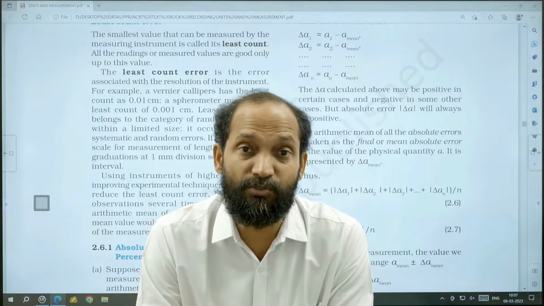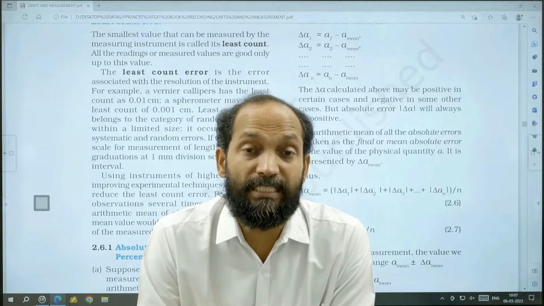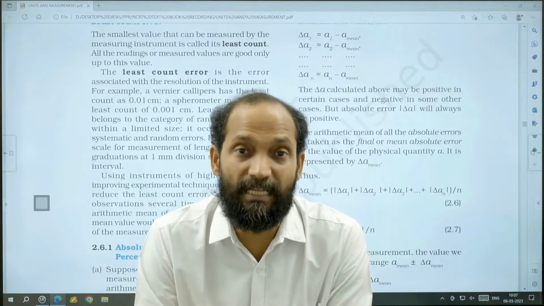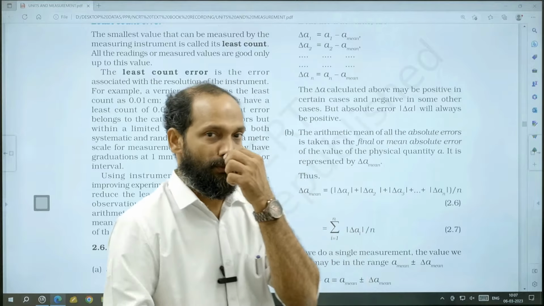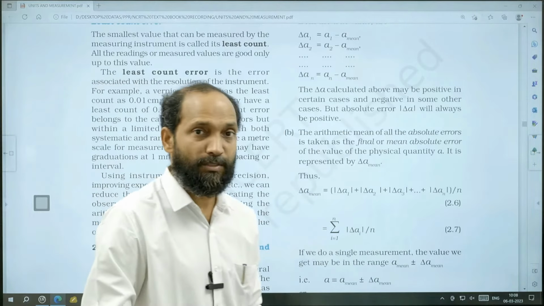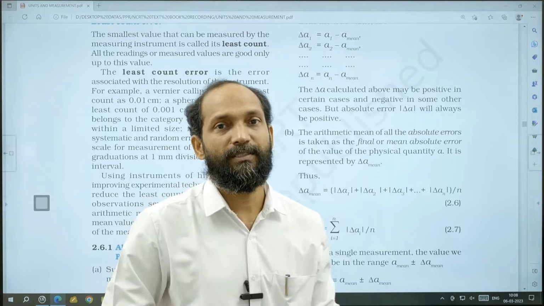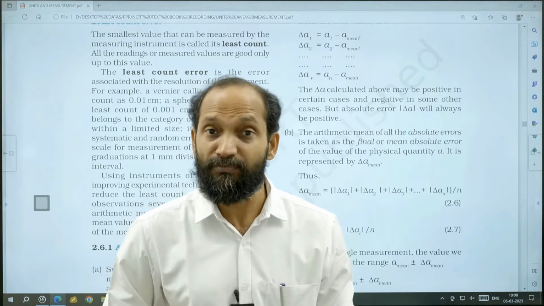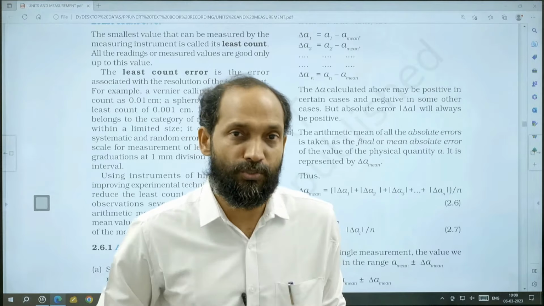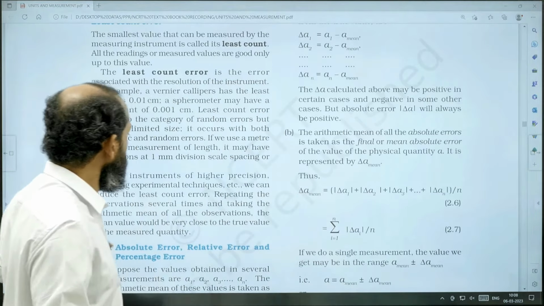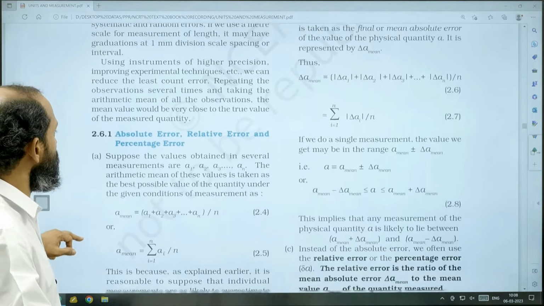Screw gauge is more precise because its least count is less. When least count is less, precision is more. Okay, but sometimes, most probably when the true value is given, accuracy is measured differently. Accuracy is closeness to the true value. An accurate measurement is very close to the true value.